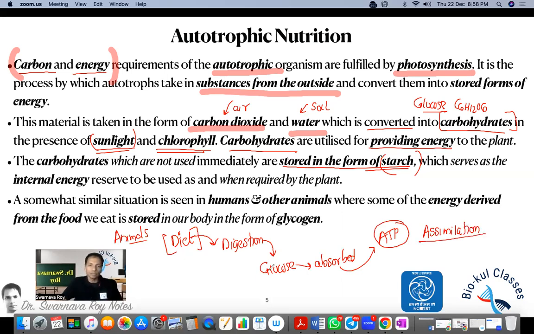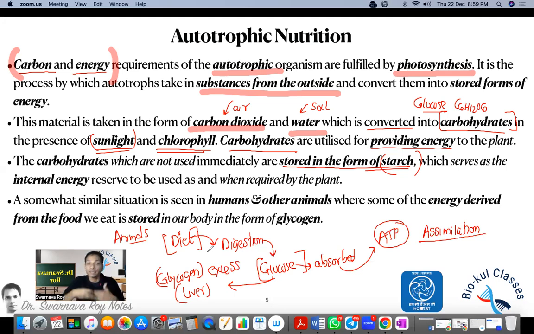The excess glucose, however, is stored as glycogen. Where is it stored as glycogen? In the liver of our body. So just to give a comparison, in plants the excess glucose is stored as starch in the leaves. In animals, the excess glucose is stored in the form of glycogen in the liver.